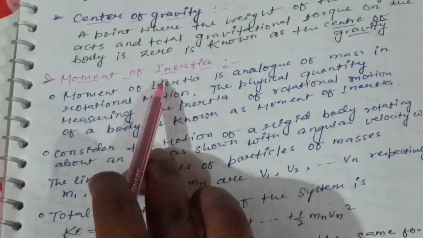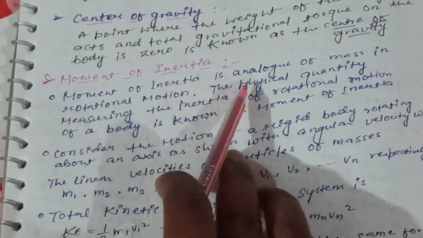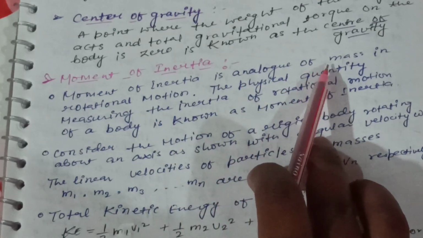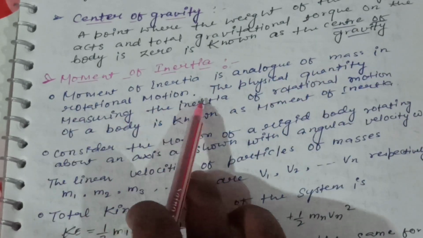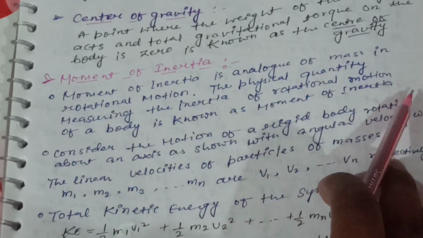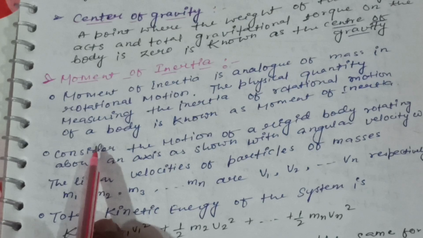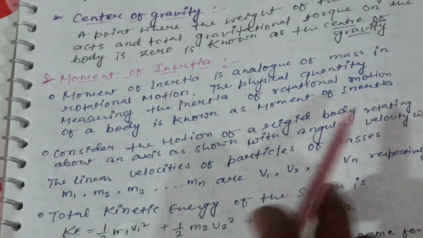Moment of inertia. Moment of inertia is the analog of mass in rotational motion. The physical quantity measuring the inertia of rotational motion of a body is known as the moment of inertia.